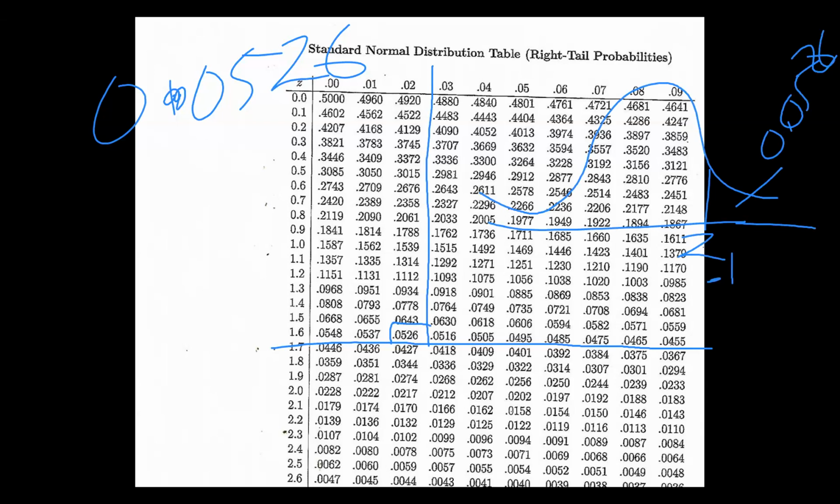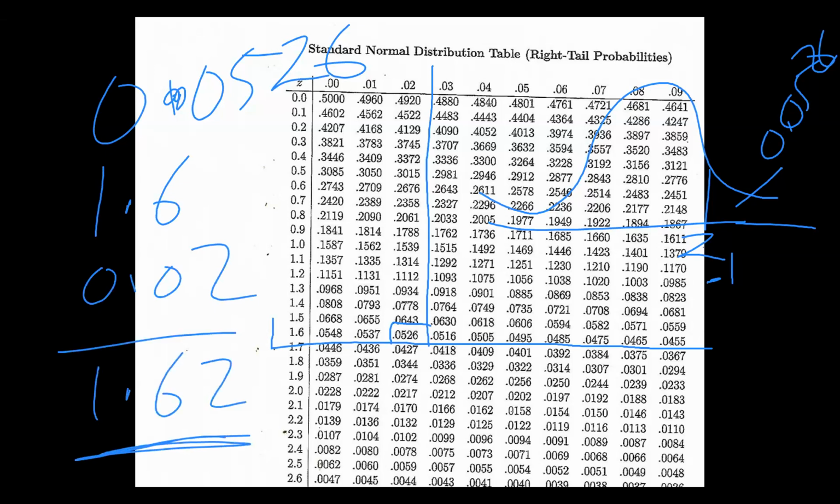How can we find this z that corresponds? You just pick two decimal places here. It's 1.6, right? That's where it lies, isn't it? And then 0.02. So it is 1.62, and you provide the answer. That's the z score.